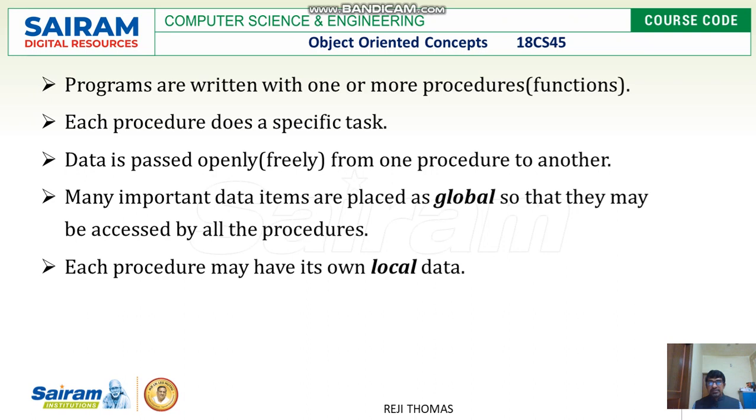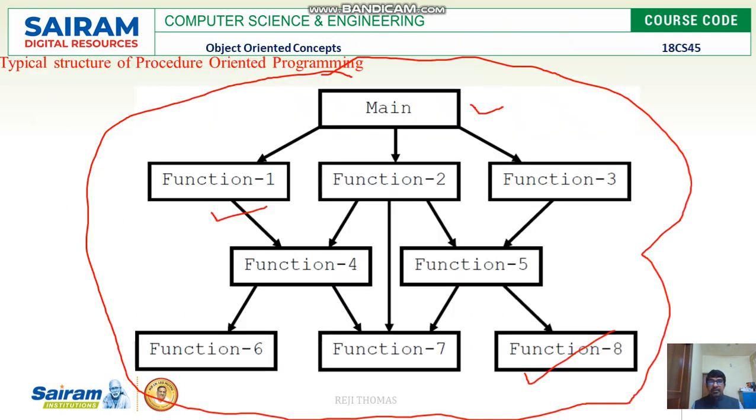But the data is passed or moved freely from one procedure to another one. If you look at the previous diagram, there are many procedures or functions. The data can easily move from function 1 to function 2. There is no restriction.